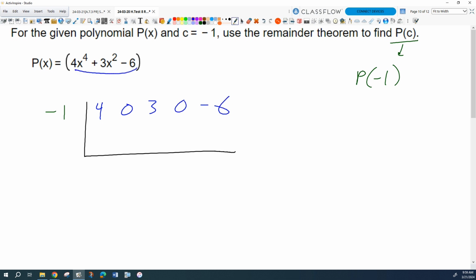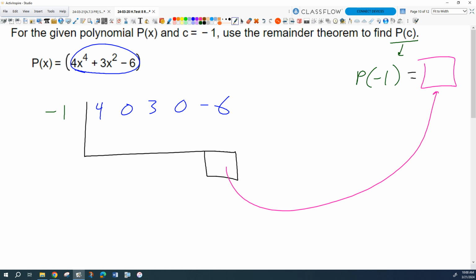Good, and that comes from there, right? And then the answer is there, right? So whatever this is equal to is just coming from right there. The remainder, when I divide out that quotient, is equal to the value of the function at that place, at -1. Okay, good. All right.